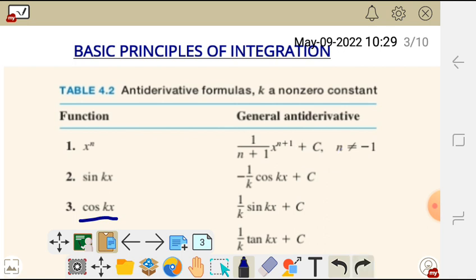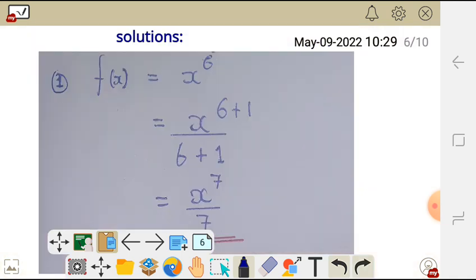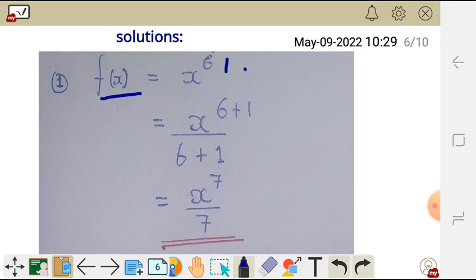So f of x equals x to the power 6 would be x to the power 6 plus 1, divided by 6 plus 1. That would be x to the power 7 divided by 7. So that is the antiderivative of f of x equals x raised to the power 6.